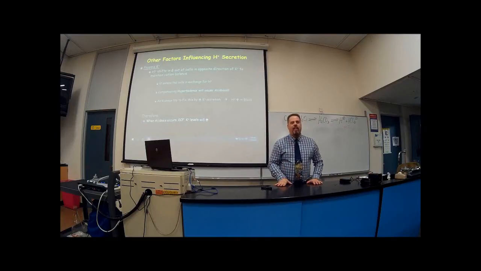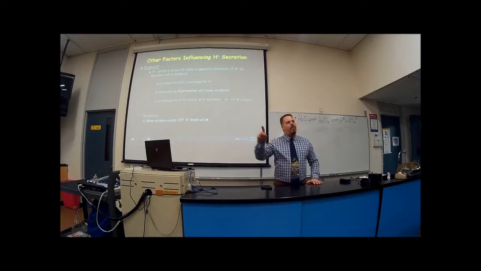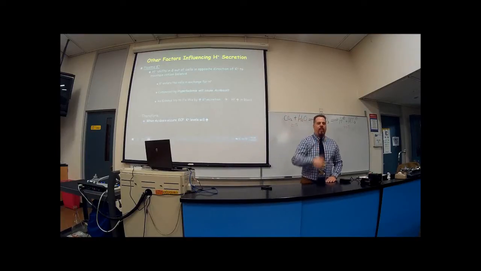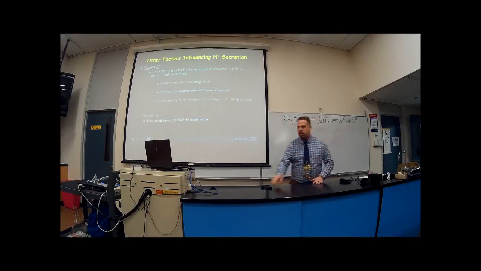But in exchange, potassium has to leave the cells to go into the bloodstream. So to fix or compensate acidosis, you're going to get hyperkalemia. Does that make sense? They go in opposite directions.